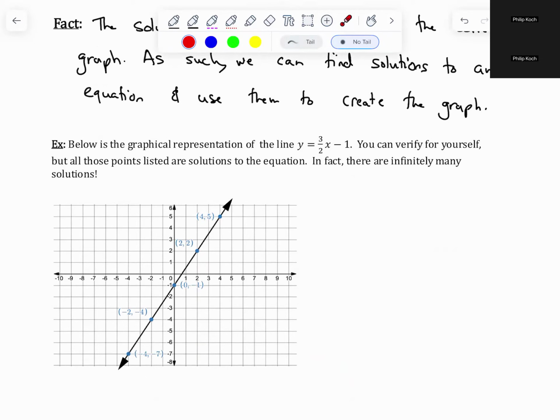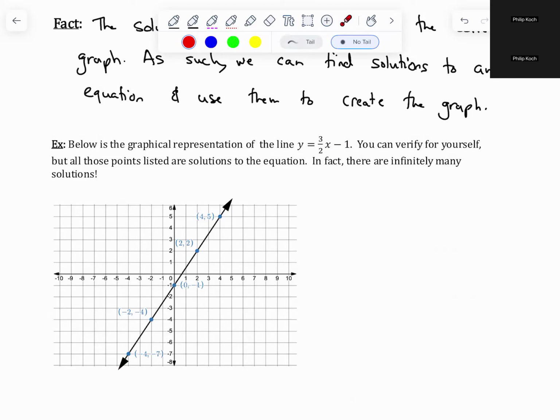So for example, the line y equals 3/2 x minus 1 is represented by this curve in space. And all the points on this, you can verify for yourself that you can plug in x equals 2 and you'll see that your y value ends up being 2. You can plug in 4 for x and you'll see that your y value is 5.